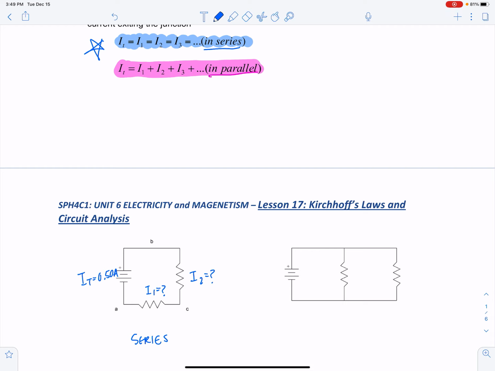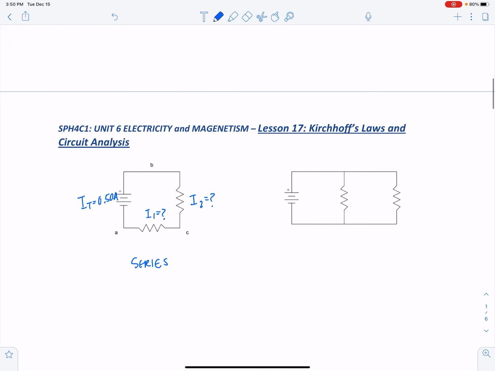Remember that Kirchhoff's law for current in series states that if you know the current at any point, then you know the current at all points. So in this case, IT equals I1 equals I2 equals 0.50 amps.